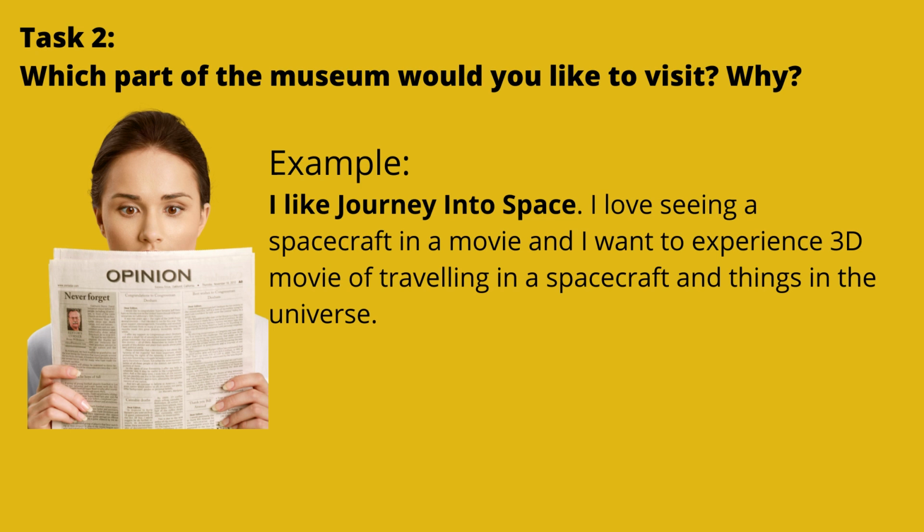The first one is Who Am I? Number 2 is Food of the Future. Number 3, the Secrets of Medicine. Number 4, Journey into Space. And the last one, number 5, Healthy Earth.